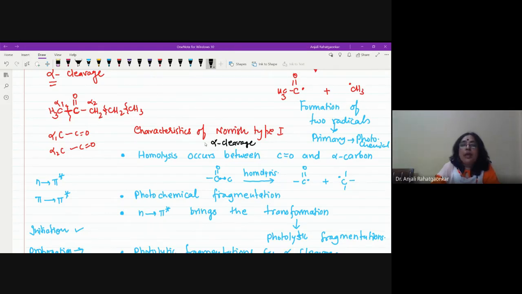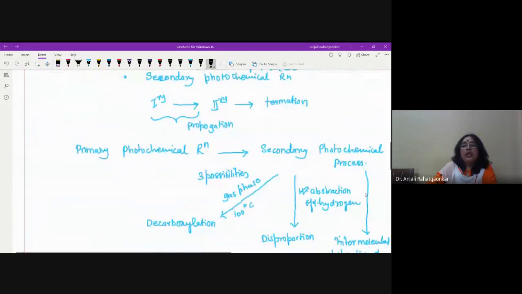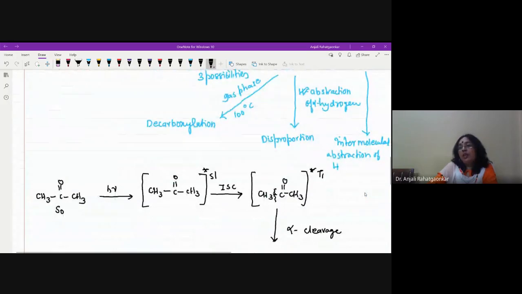That is the number one and extremely important characteristic of Norrish type I: the alpha cleavage takes place here, which gives you the acyl radical and the alkyl radical, and this is called the primary photochemical reaction. These primary photochemical reactions undergo secondary photochemical reactions, and these secondary reactions terminate the reaction into various products.